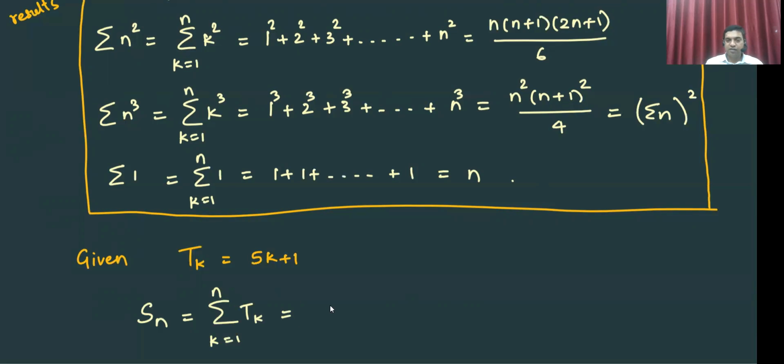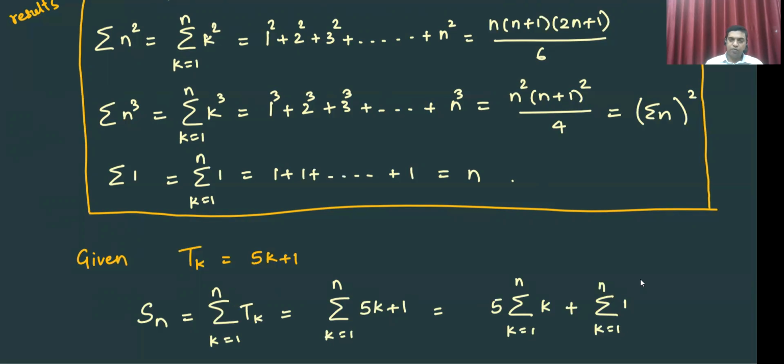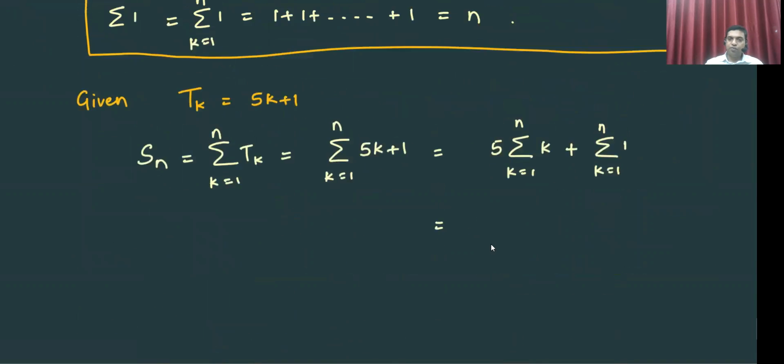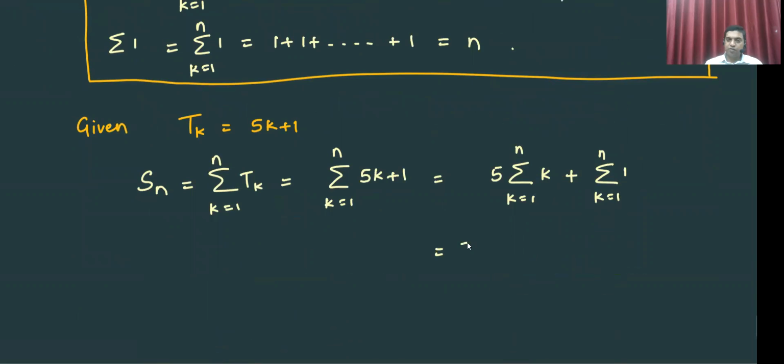So sigma 5k plus 1, k equal to 1 to n. This will be 5 times sigma k plus sigma 1, k equal to 1 to n. Now from the previous result, this is sum to the first n natural numbers, 5 into n into n plus 1 upon 2, and sigma 1 is n.